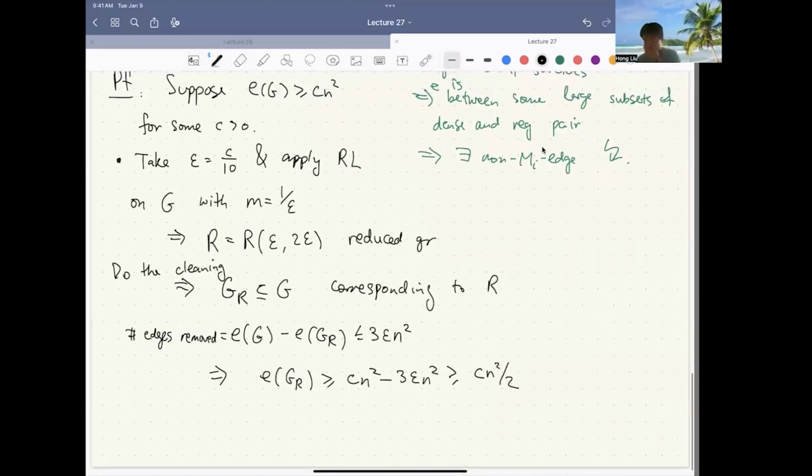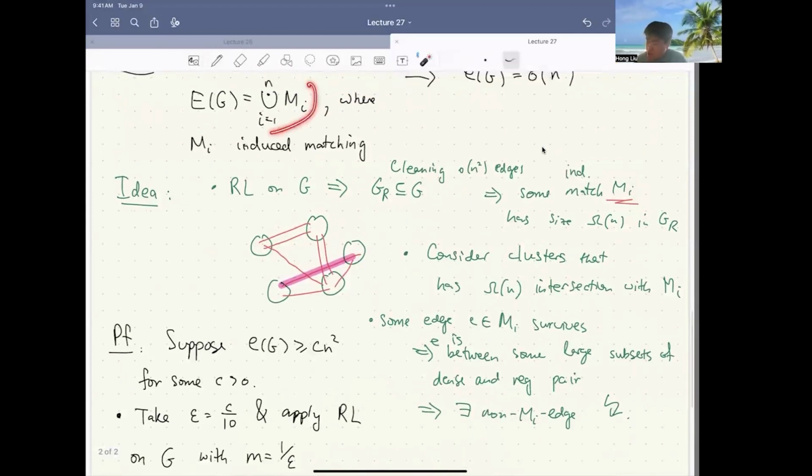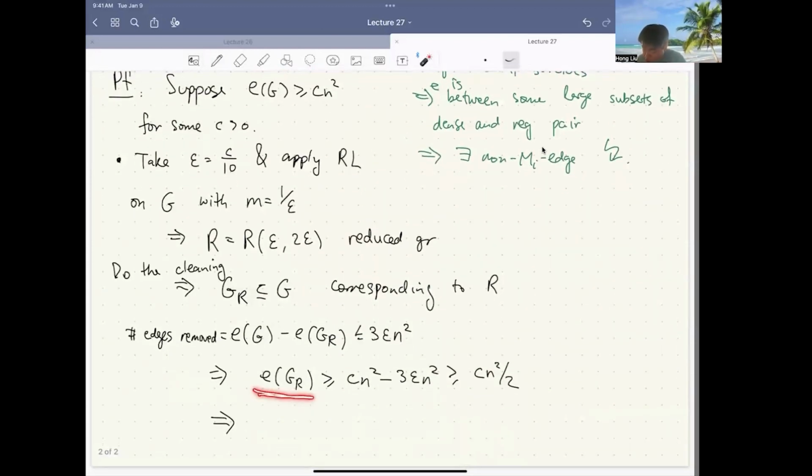So you retain at least half of the edges. This implies what? Now, as I said, the edge set of G consists of n induced matchings. So does G_R. So that means one of the matchings M_i still has at least Cn over 2 edges surviving.